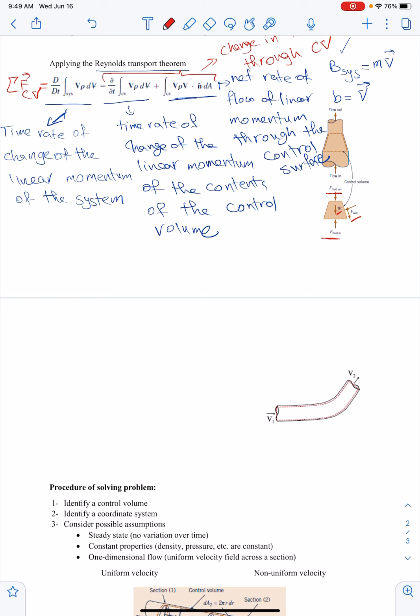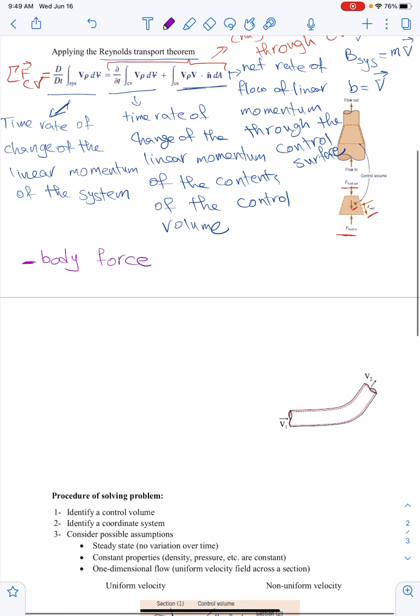So if I write it down, we're going to have body force, in which the only body force that we consider is the weight.